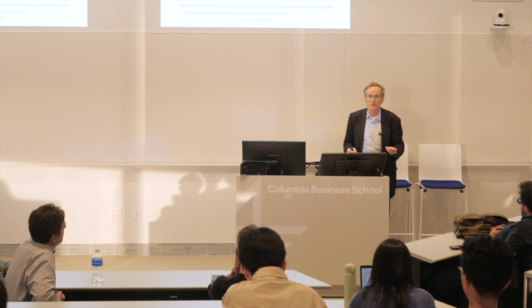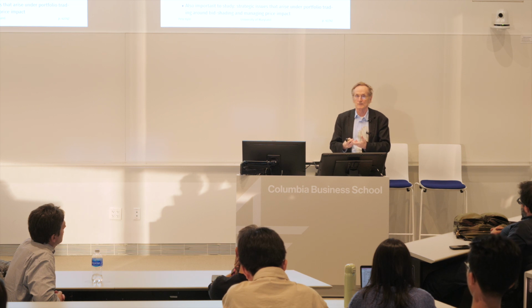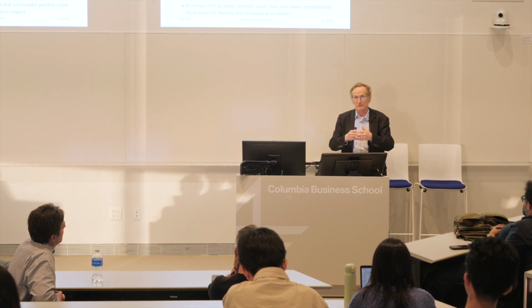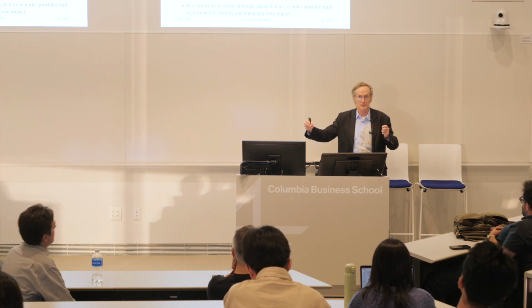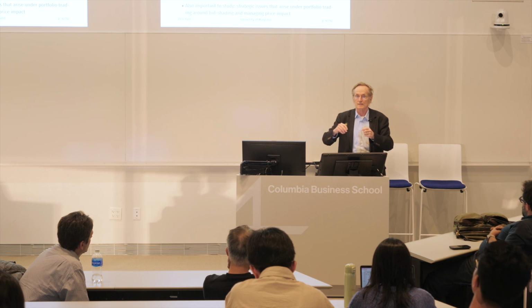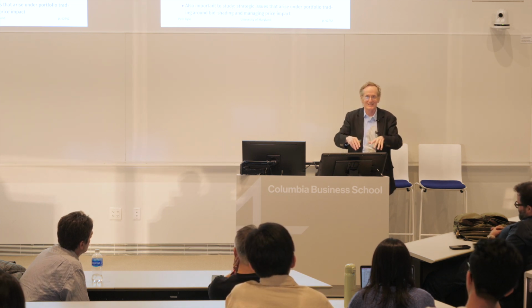Why did the electronic market win? It was because traders wanted to place electronic orders rather than trade through the floor traders. They could slice and dice the orders into smaller pieces and execute them more gradually in a much more efficient way, and they didn't have to trust the broker to represent their interests accurately and honestly.